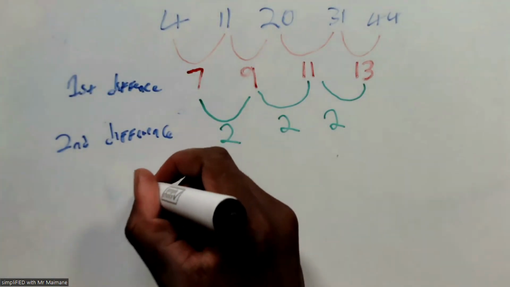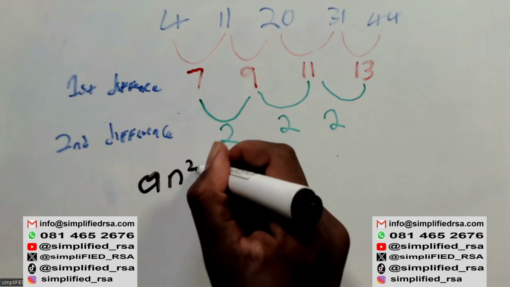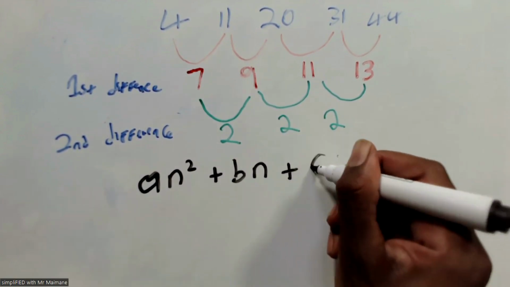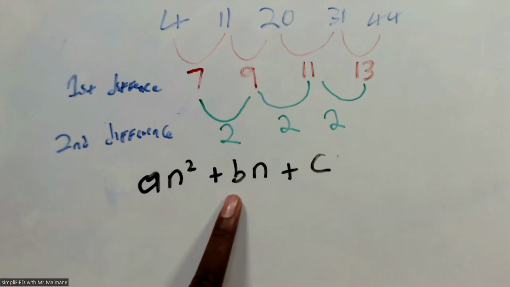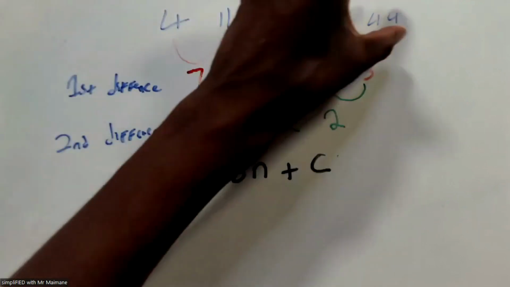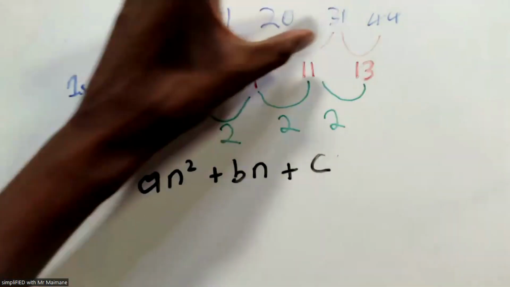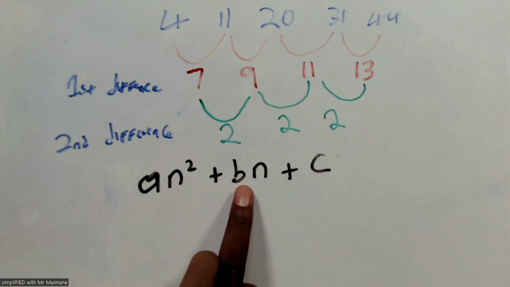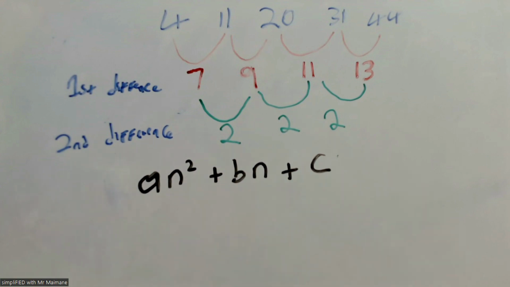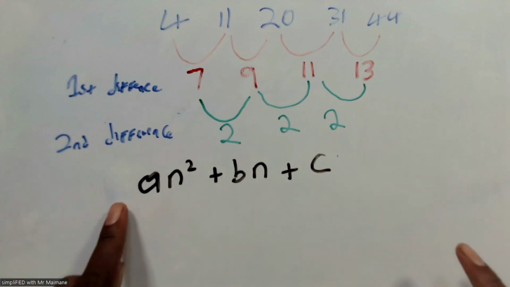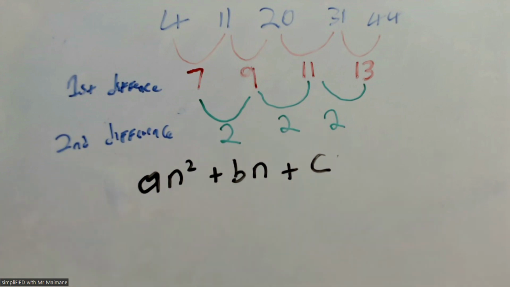So this is how we show a quadratic function: the nth term of this sequence must be in the form of an squared plus bn plus c. Now, the challenge in this type of equation is just to find the values of a, b, and c, and then substitute them into that expression.